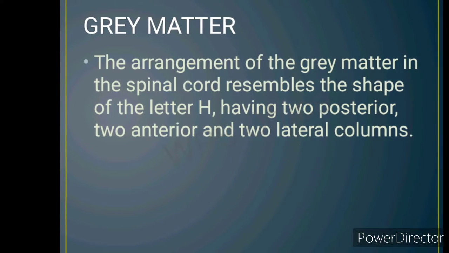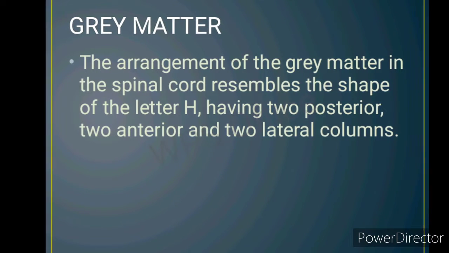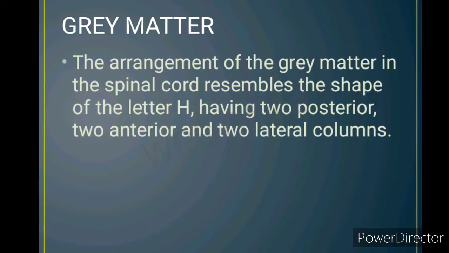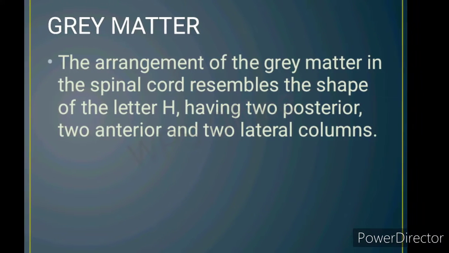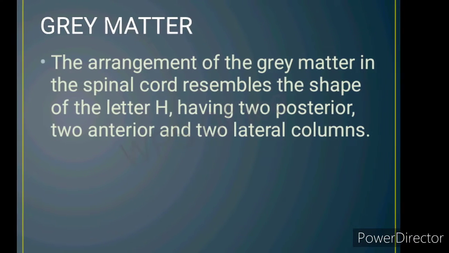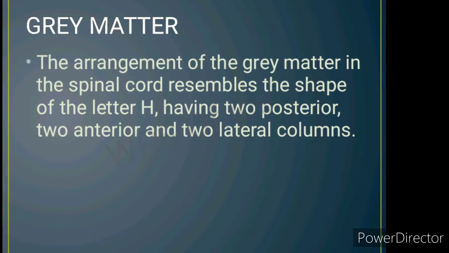Then the spinal cord is composed of gray matter and white matter. The arrangement of the gray matter in the spinal cord resembles the shape of the letter H, having two posterior, two anterior, and two lateral columns.